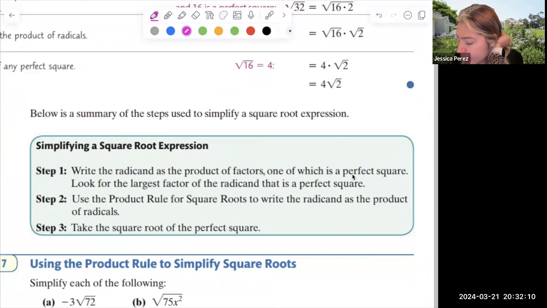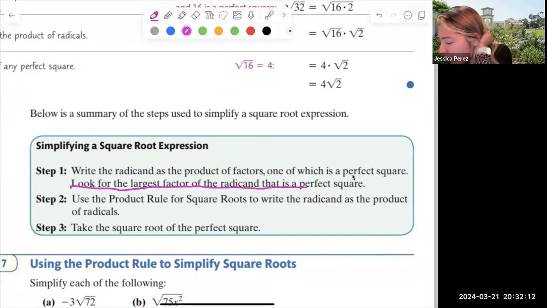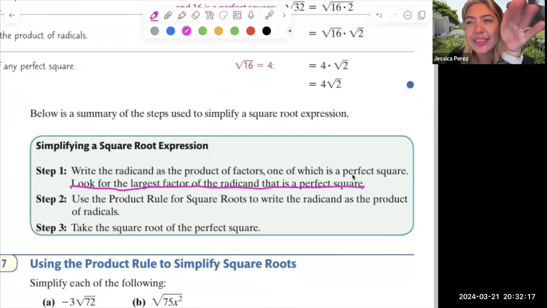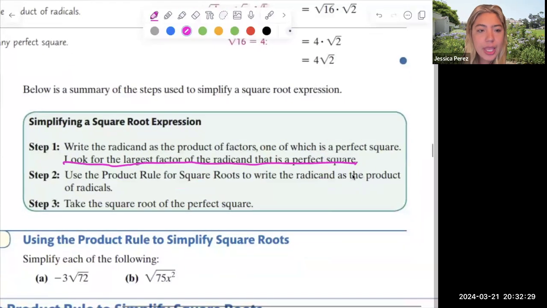Look, and this is key, look for the largest factor of the radicand that is a perfect square. That's what I meant about the 8 and the 4. 8 times 4 does give you 32, but 8 doesn't have a largest perfect root.